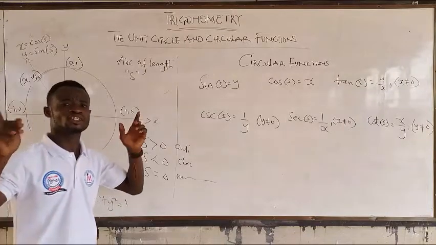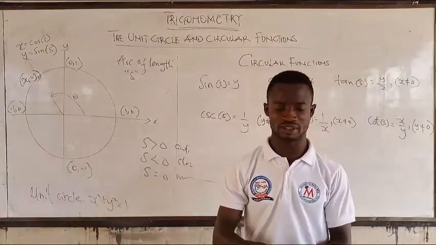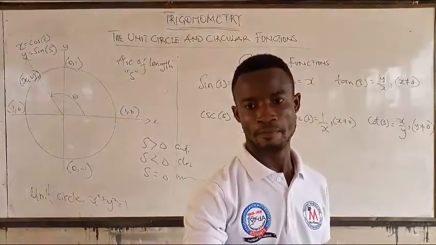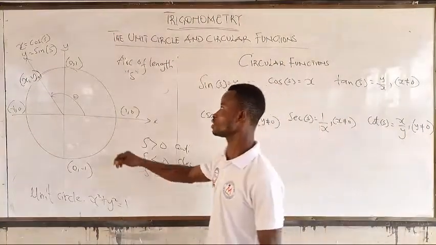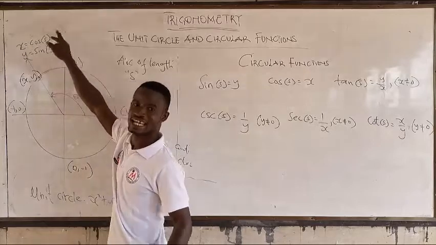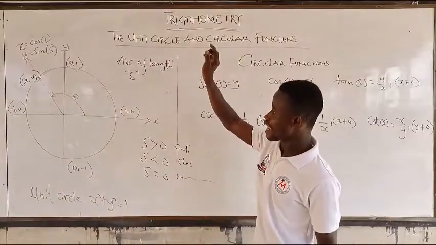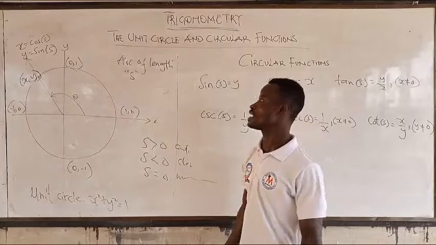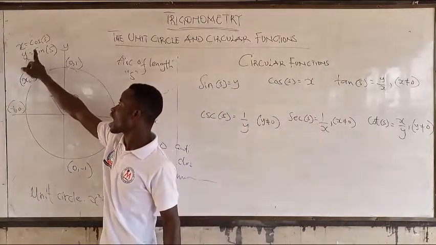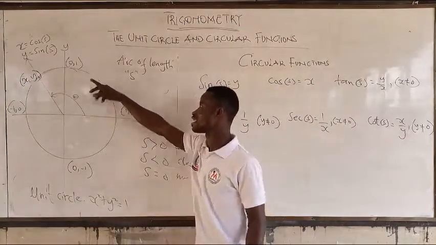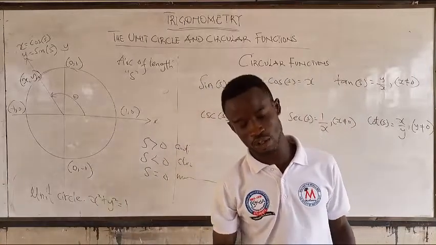Now, it's also necessary for you to take note that the X here represents cos X, whereby the X is the arc length. Very good. And the Y is equal to sin X, whereby the X is also the arc length.